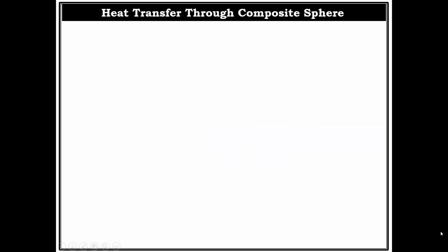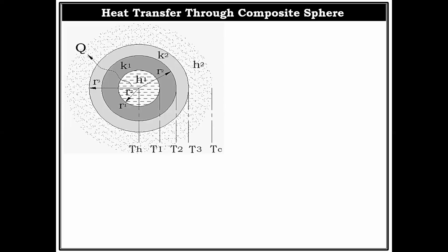Now we will see one example concept for a composite sphere, and in this we are considering both conduction as well as convection. Let us consider this system where there are two spheres, the inner sphere having radius r1 to r2, and the outer sphere having radius r2 to r3.